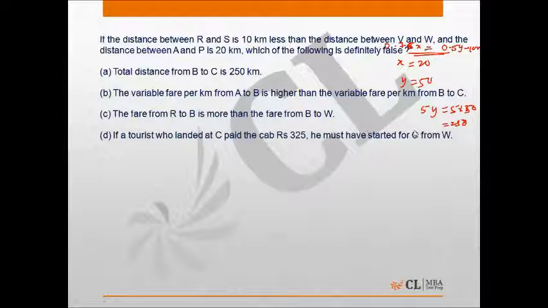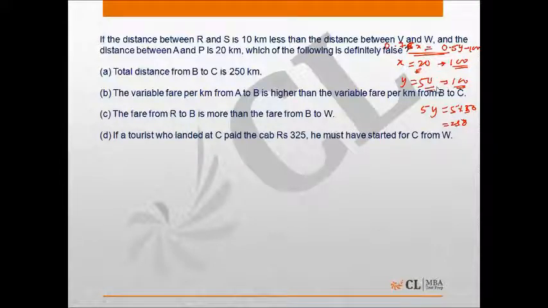Let's come to the second option. The variable fare per kilometer from A to B is higher than the variable fare per kilometer from B to C. It is obvious. For traveling every 20 kilometers, we need to pay rupees 100 as the variable fare from A to B, and that is also 100 for traveling every 50 kilometers between B and C, which implies option B is also true.